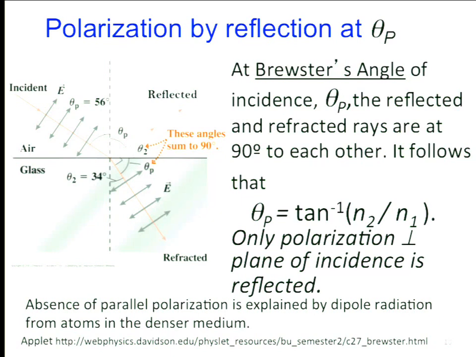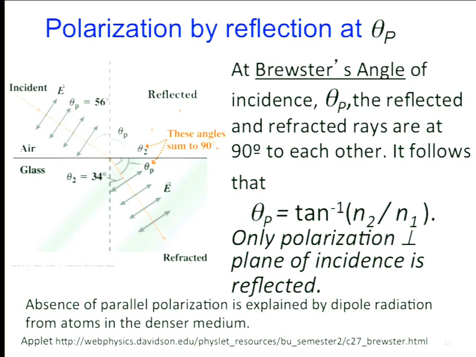There's no real reason it wouldn't, because the tangent doesn't have any limit; it can be as much as infinity. So you could get polarization going from air to a solid at some angle. On the other hand, you could also get it going this way inside the medium, but at a different angle.